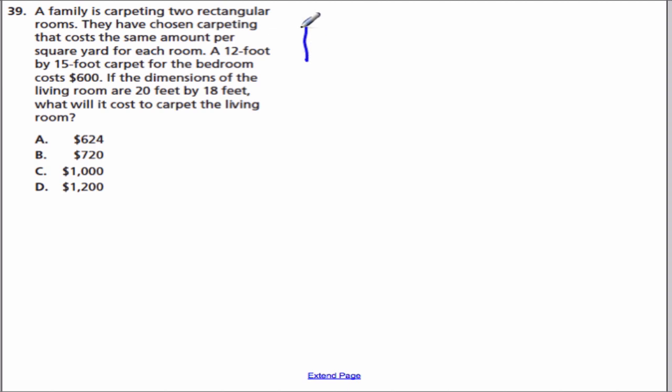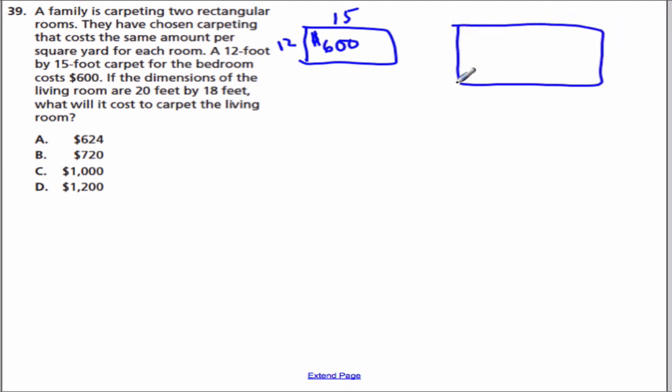I know that the first room is 15 by 12 and it costs $600. They have told us that. They're saying, what will it cost to do the living room that is 20 feet by 18 feet? And these were all in feet, so we're okay there.